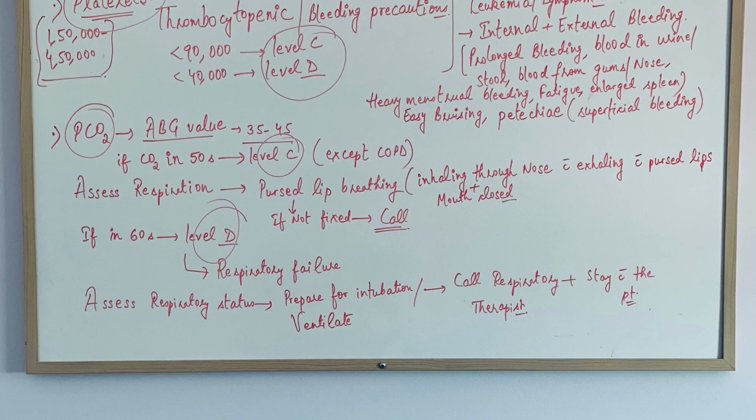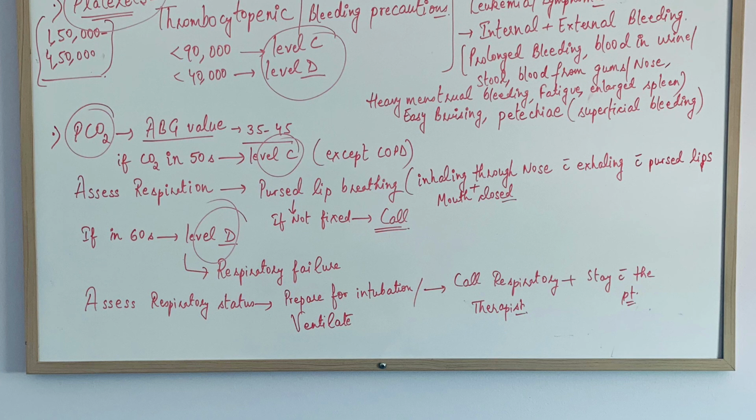Now what is it? In pursed lip breathing we inhale through the nose with the mouth closed, and exhale through tightly pursed lips. By this, the respiratory status should become stable. But if the status is not improving, then the nurse should call the doctor.